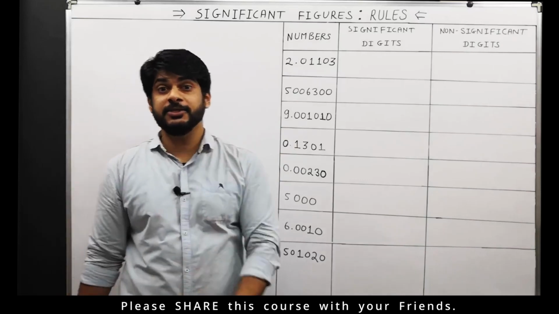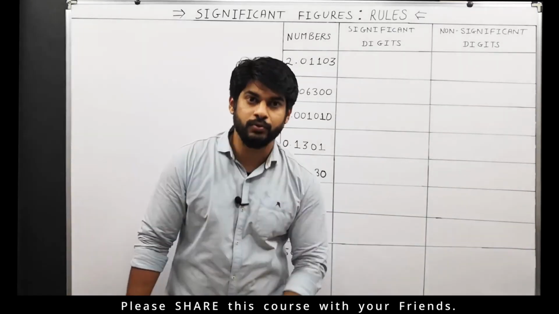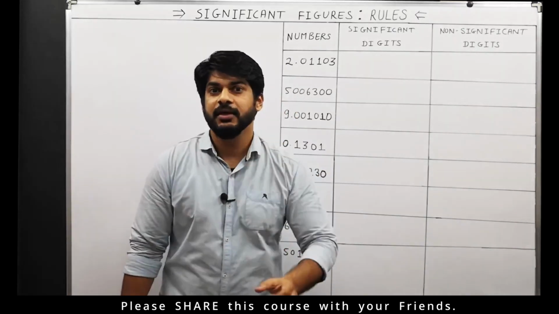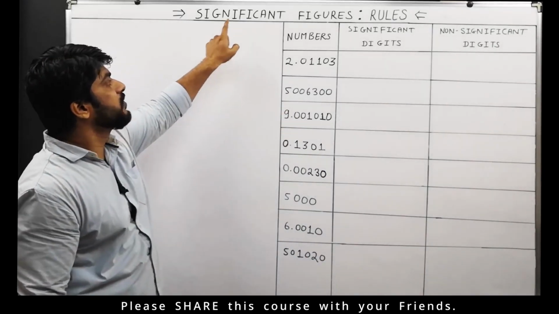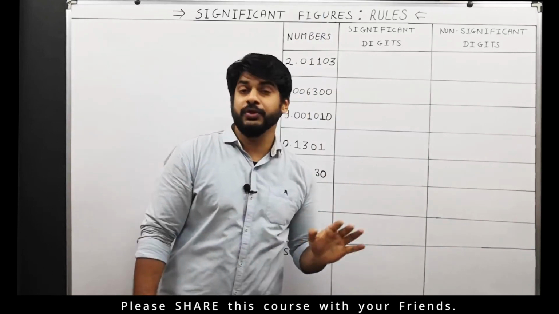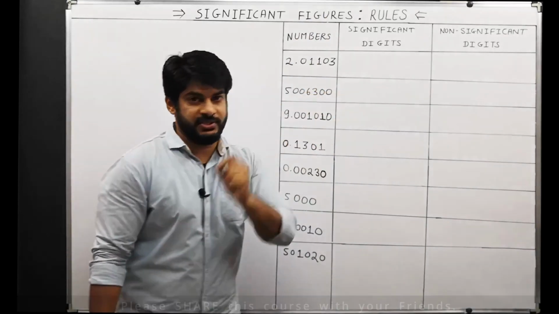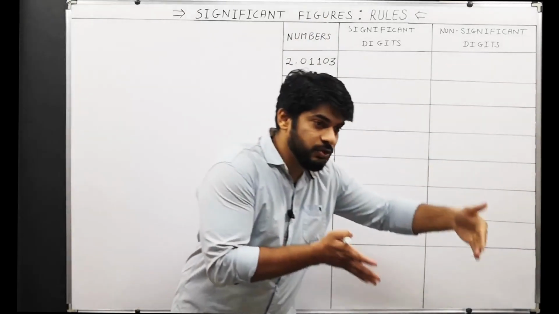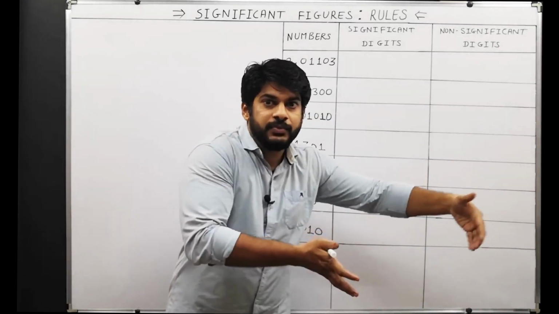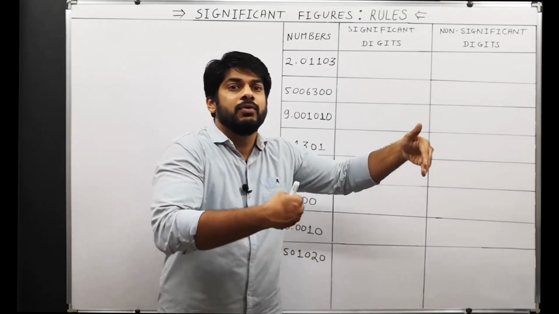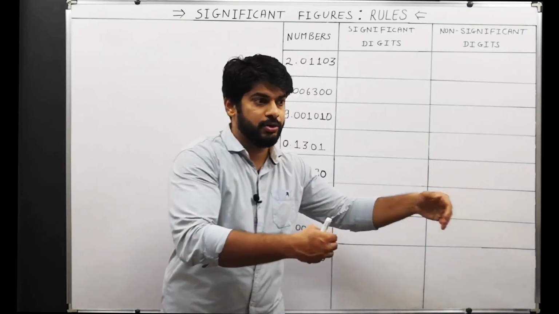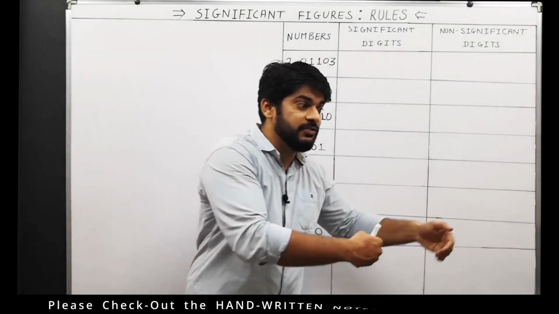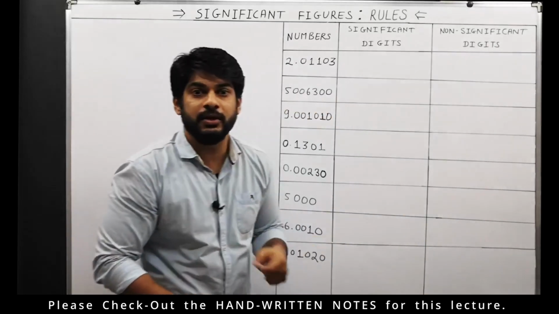In this lecture, we are going to study some rules to find out significant figures, or significant digits. In any measured quantity or any number, what is the number of significant figures, or which exactly are the significant digits in a given number?